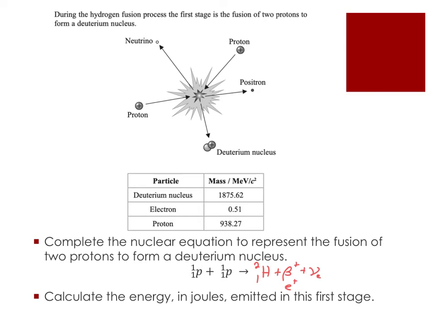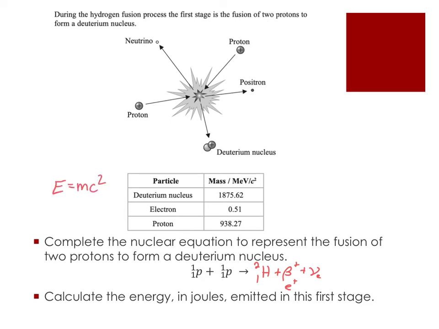Well, the first thing we're going to need to do is talk about how we're going to get the mass defect. Remember, the change in mass when I take the constituent parts and put them together. We also have this unit here called mega electron volts per c squared. Now, per c squared means that this is actually a mass, not an energy.